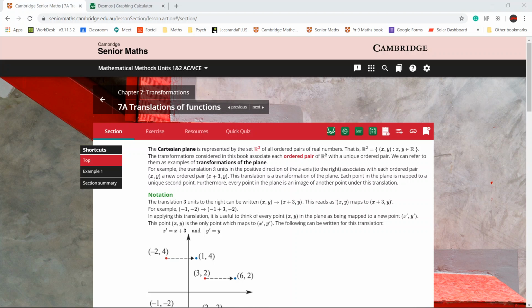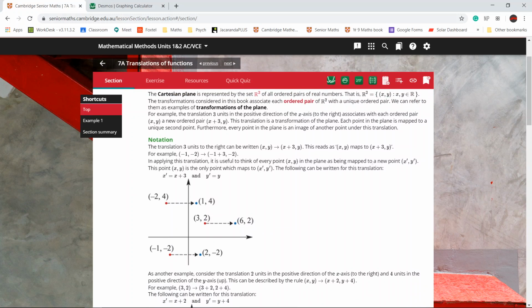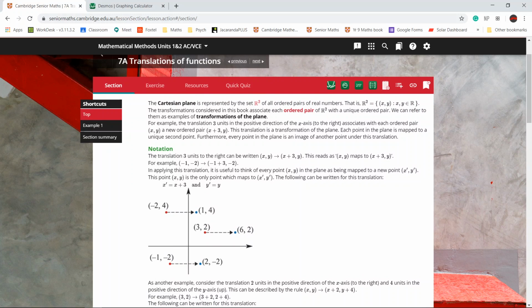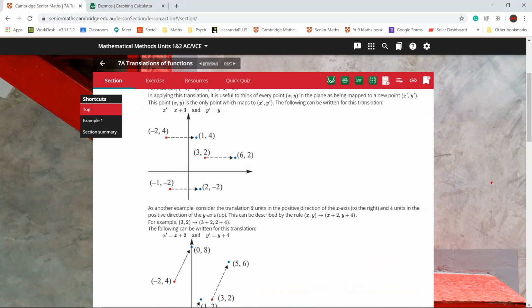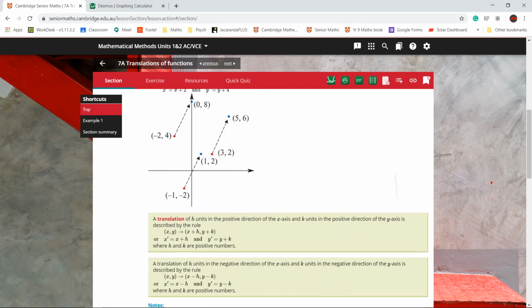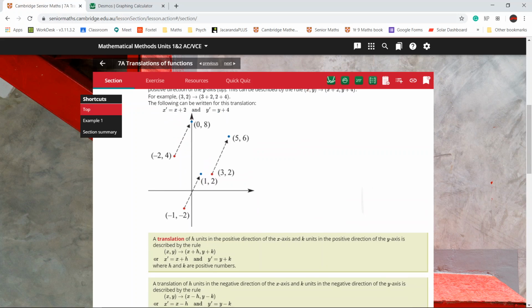When you read this introduction here, it can be quite wordy, and so it can be quite daunting right off the start. There are a couple of new notation techniques we're going to introduce in Chapter 7, which have caused people some issues in the past.